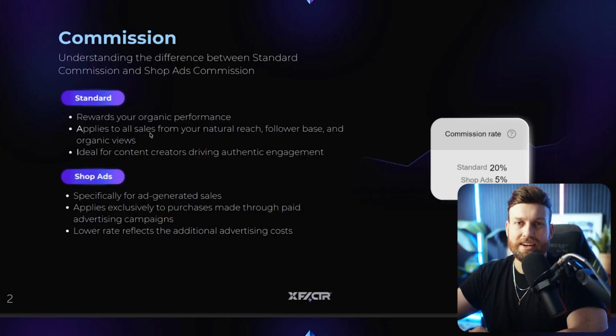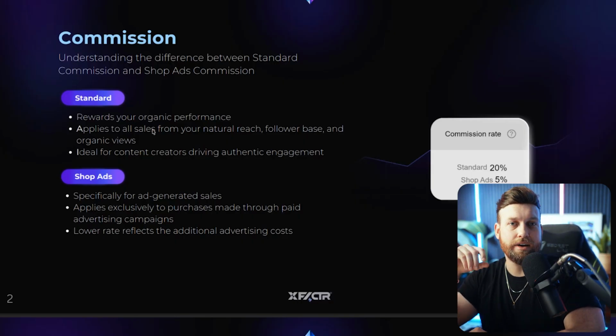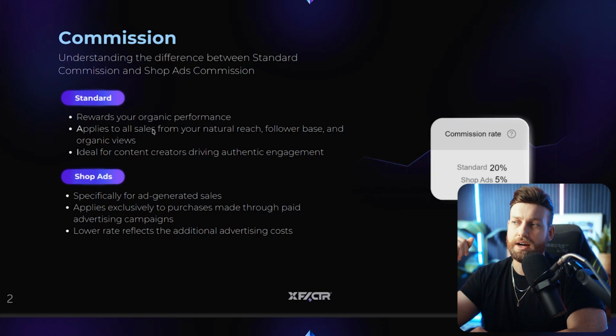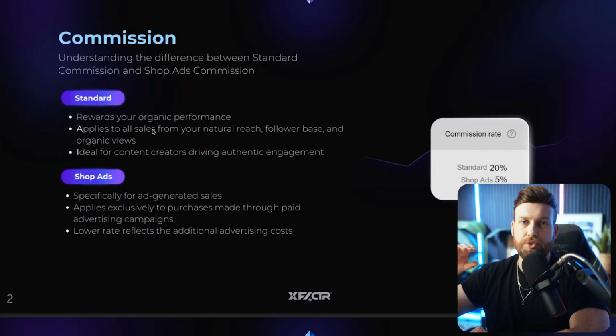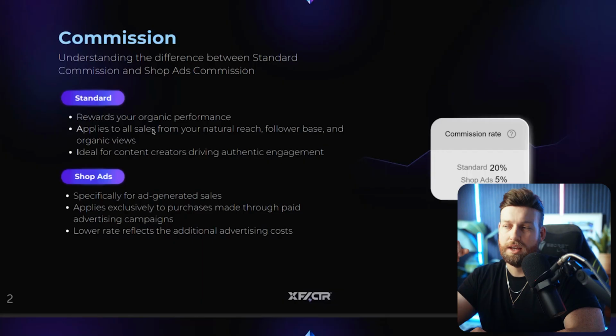And so the standard commission is typically a lot higher than the shop ads commission. And these can all be changed based on your margins, based on what you want to pay for your creators. And ultimately, you can change this over time with maybe a more aggressive percentage for those new creators when you're starting out and trying to grow on TikTok Shop, to just provide more incentive to want to work with you.